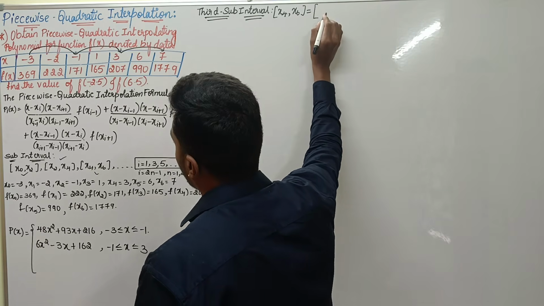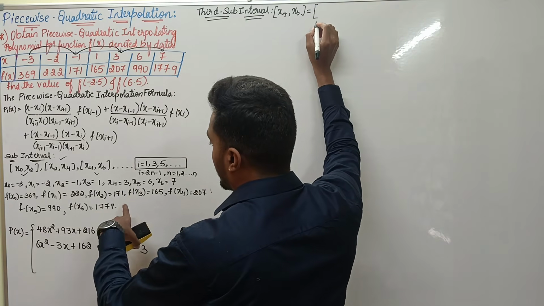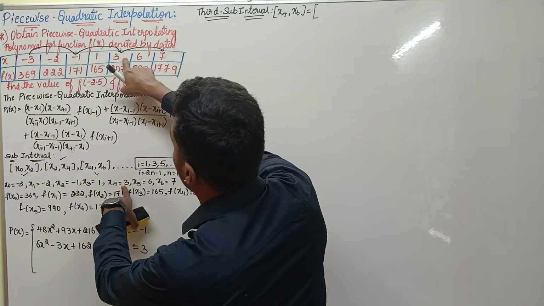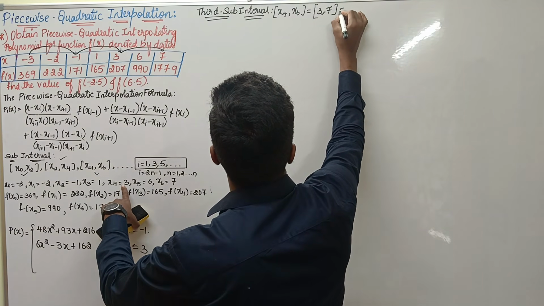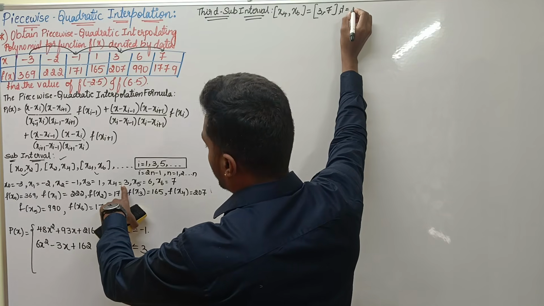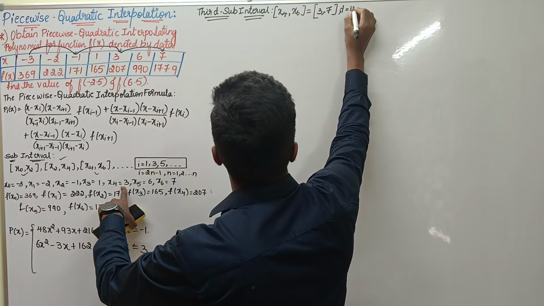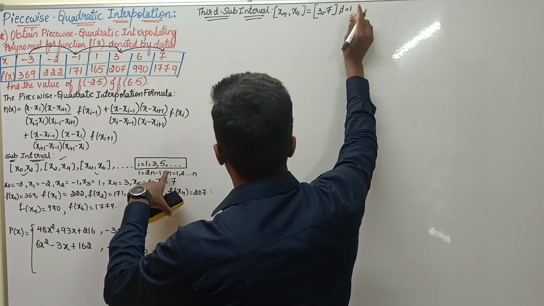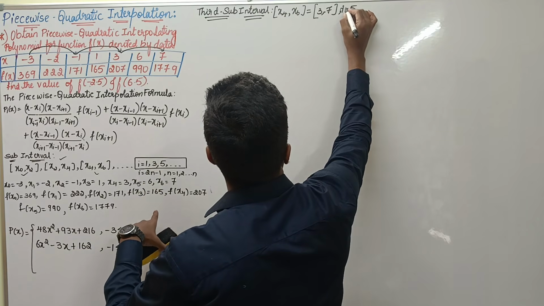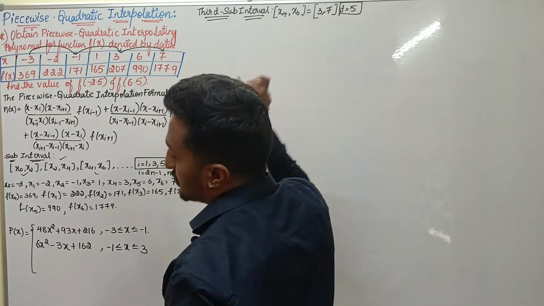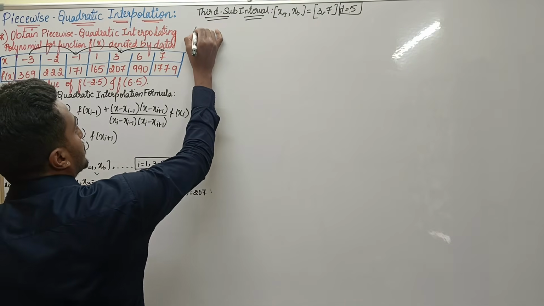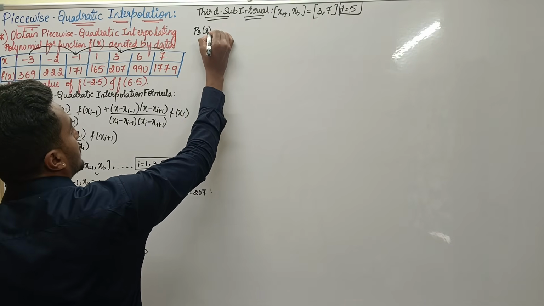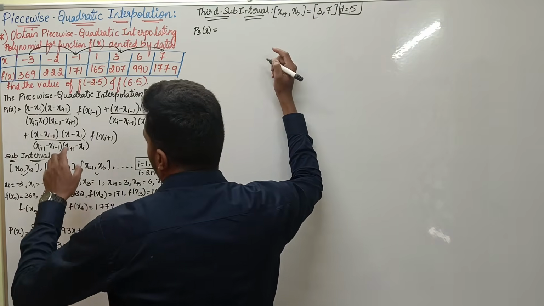What is x4? I need to start from 3 to 7, that is 3 comma 7, where I equal to 1, 2, 3, and after this I have 5. This is the value of I. Now I need to represent the formula, the third piecewise quadratic equation. In place of I, I need to replace 5.